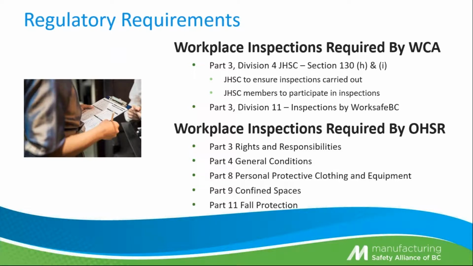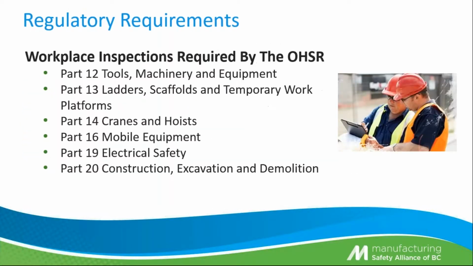Part 4, general conditions. Part 8 is personal protective clothing and equipment, and it documents the inspections that need to happen on that type of equipment. Part 9 is confined spaces. Part 11, fall protection, requires inspection of all fall protection equipment prior to use. Part 12, tools, machinery, and equipment, basically nails down when you have to use pre-use inspections on equipment.